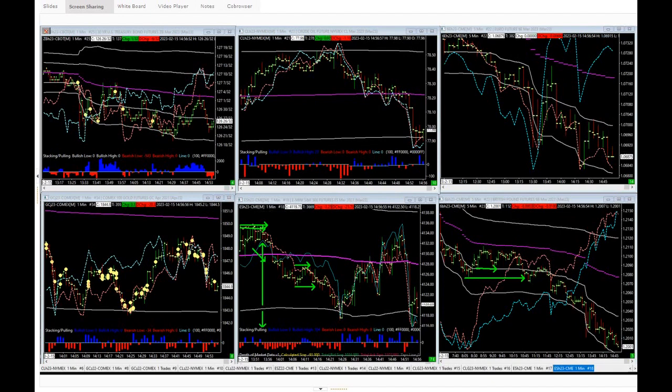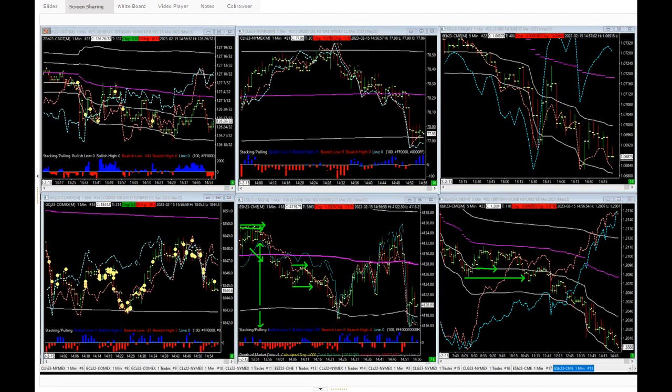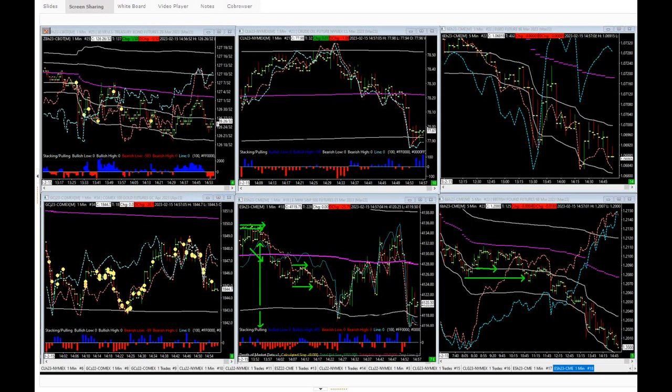So again, you're not required to have a massive account to be able to trade these. You just need to be fast on the trigger. The ability to execute is the biggest skill you can achieve. The biggest skill that most of you are missing out on just now is the ability to execute quickly.